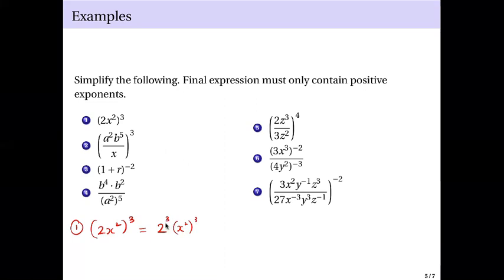Of course, 2 cube, that's 2 times 2 times 2, you will get 8. For x squared cube, if we use the property, we will have x raised to power 2 times 3. So you multiply this exponent with this exponent, and 2 times 3, that's 6. So the final answer will be 8x raised to 6. Okay?